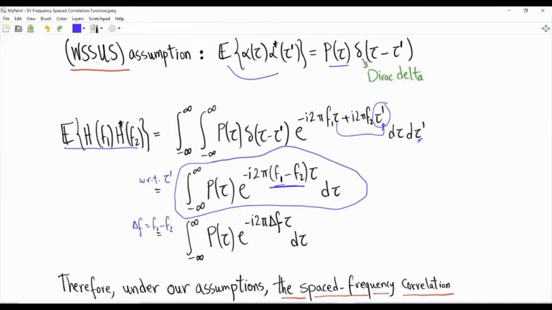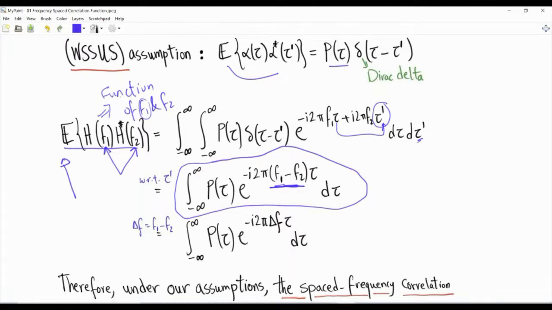Under the WSSUS, you start by studying the correlation function between the channel frequency response at f1 and at f2. Generally speaking, this is a function of two variables, f1 and f2. But under our uncorrelated scattering assumption, what you get is a function that depends only on the difference between these two frequencies and not on their exact values.